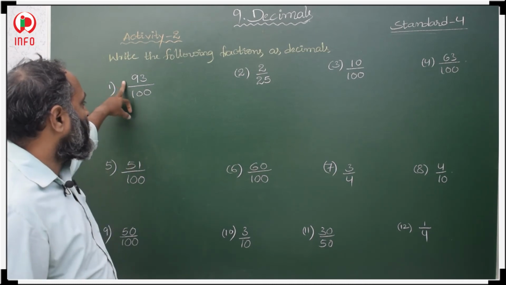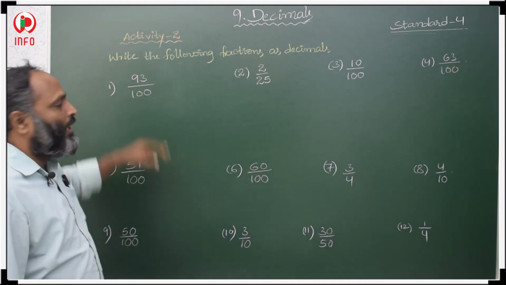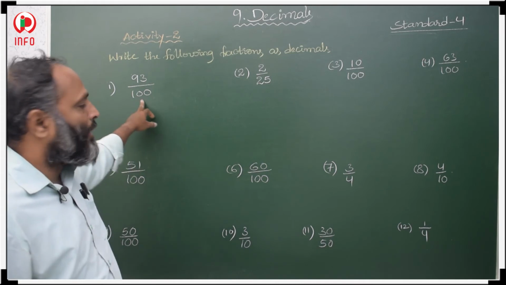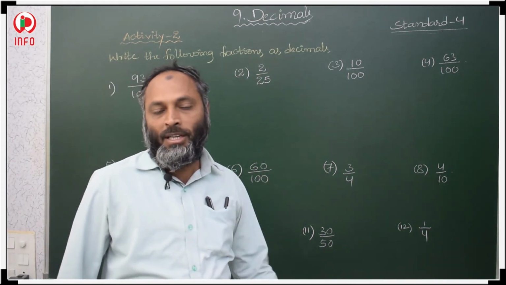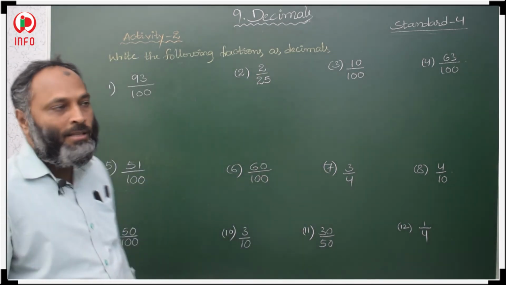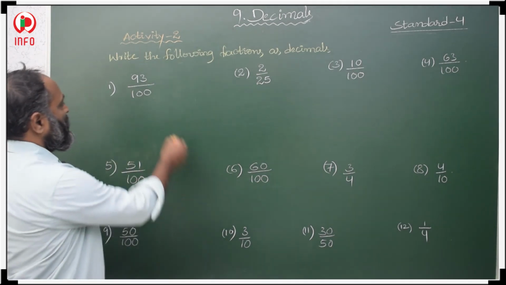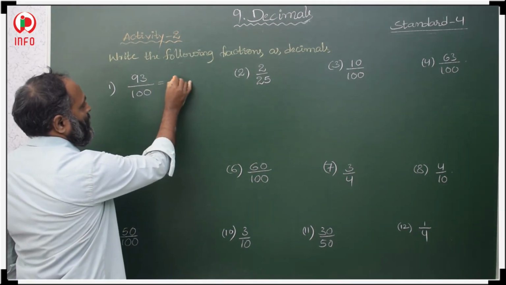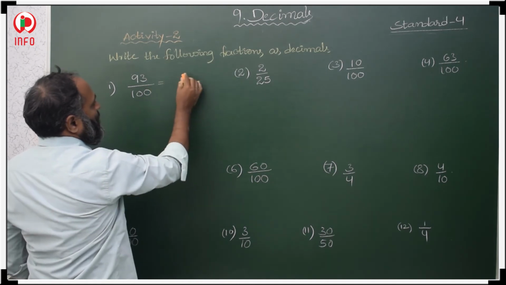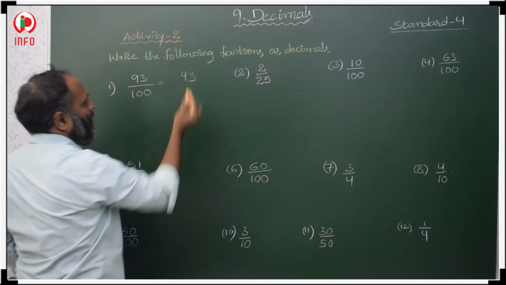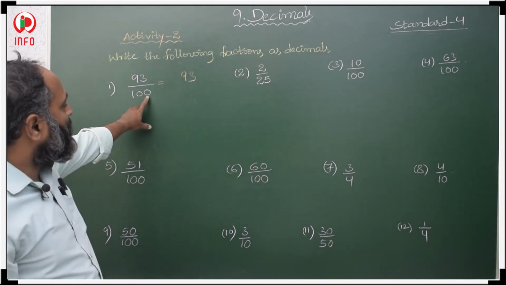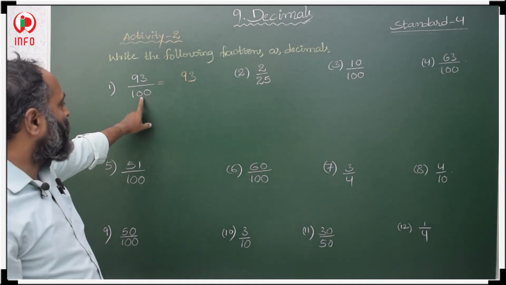Here the fractional value is given. 93 by 100. The denominator is already in terms of 100, so there is no need to multiply. We just take the numerator, which is 93. In 100, how many zeros do we have? 2 zeros, 1 and 2.